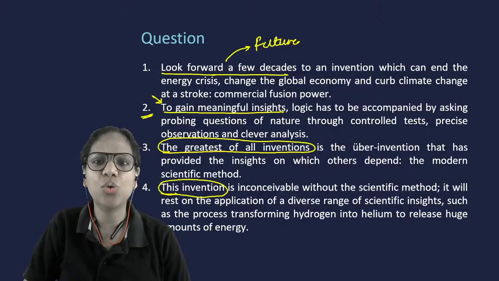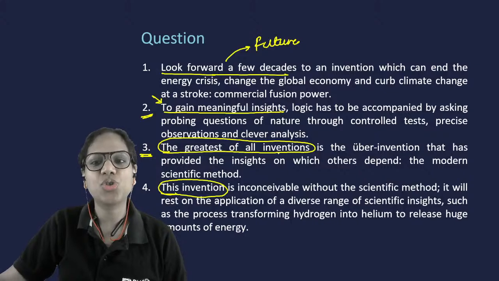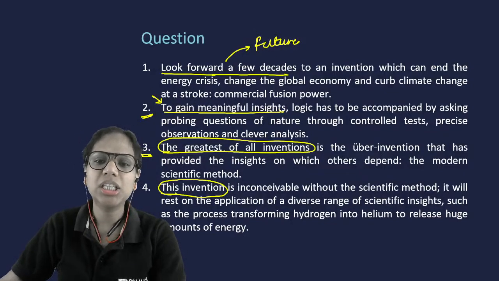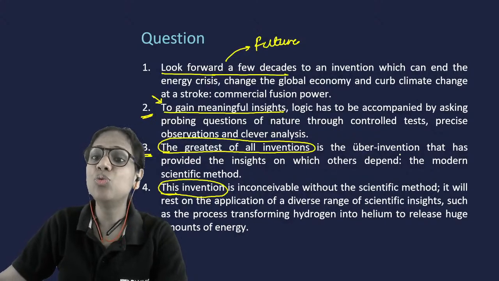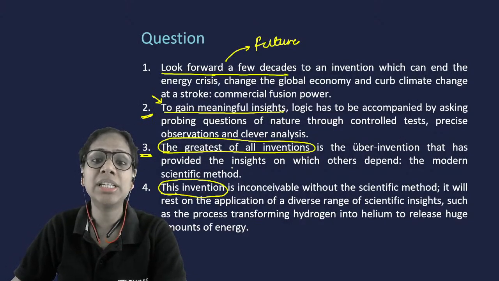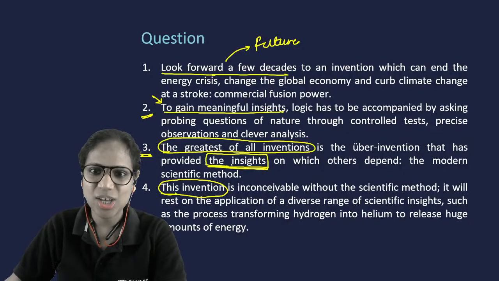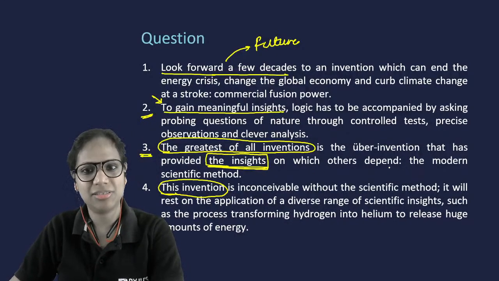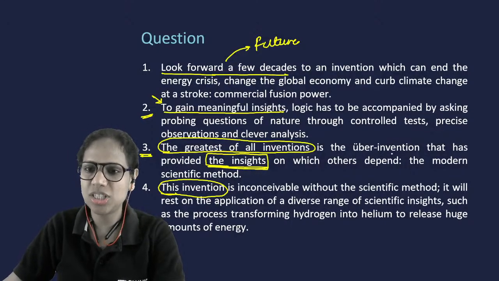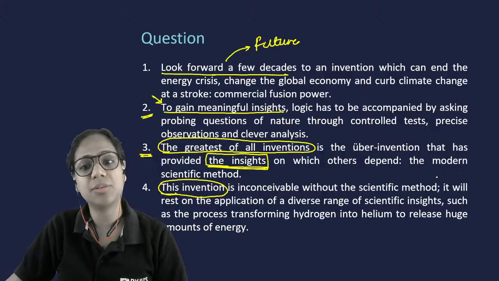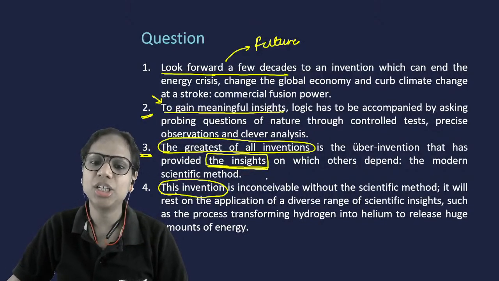I think I'll read three first, because it talks about the greatest of all inventions and the other talks about the future. The greatest of all inventions is the Uber invention that has provided the insights on which others depend: the modern scientific method.